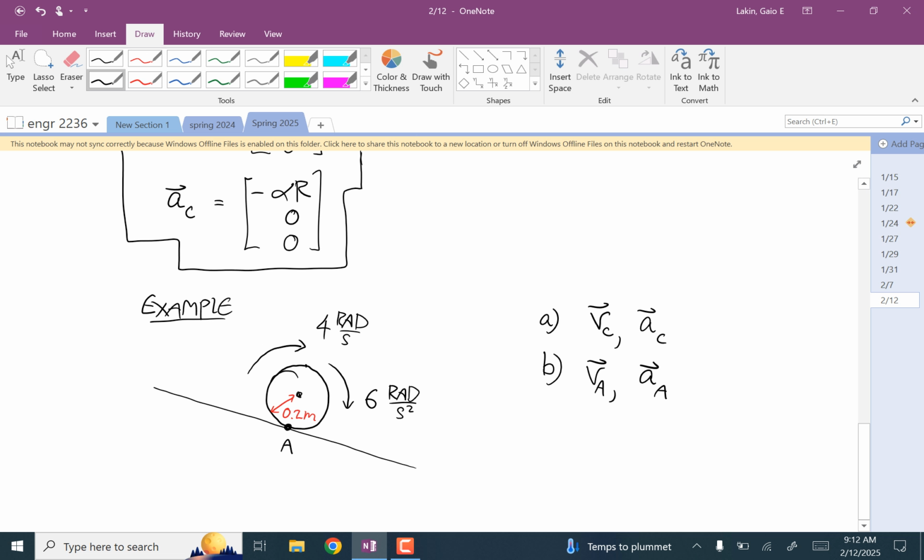And then the velocity and acceleration at the top, exactly opposite the contact point. All right, everyone with me on that?